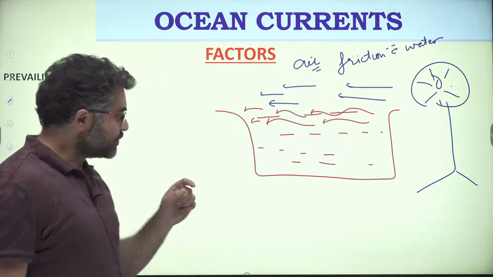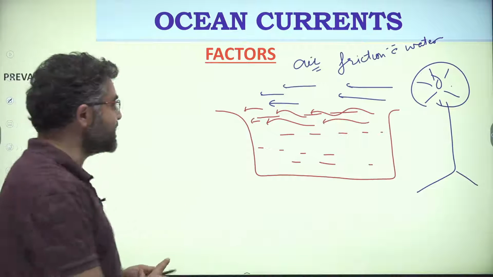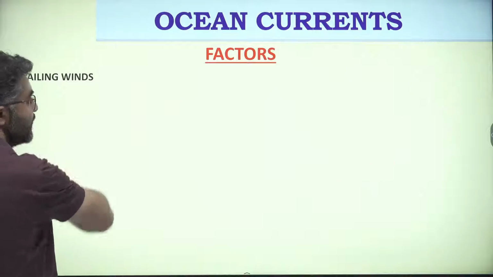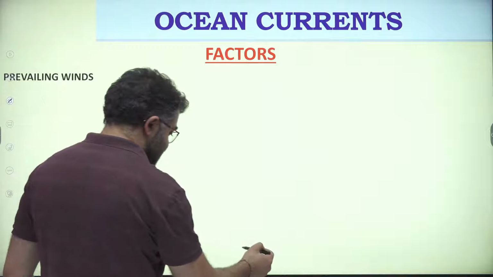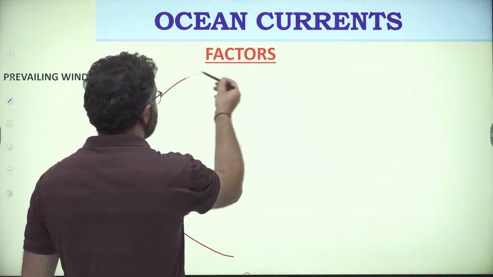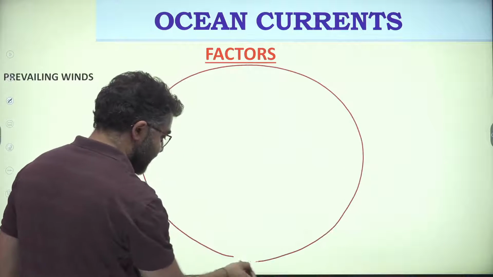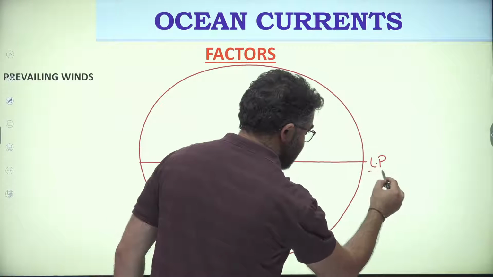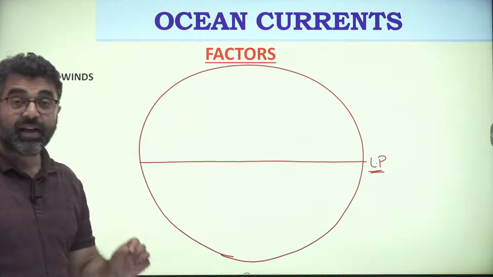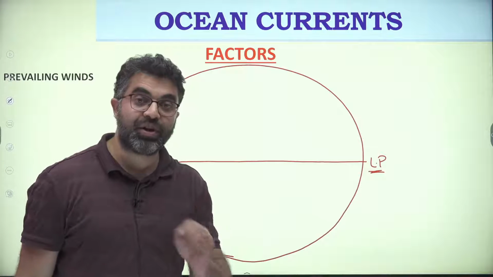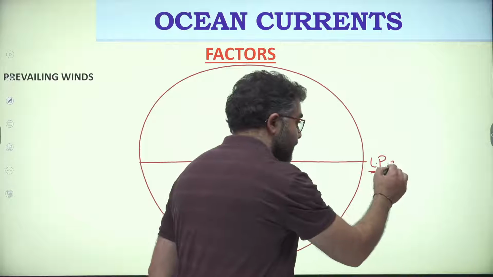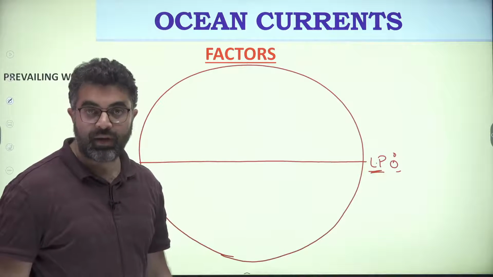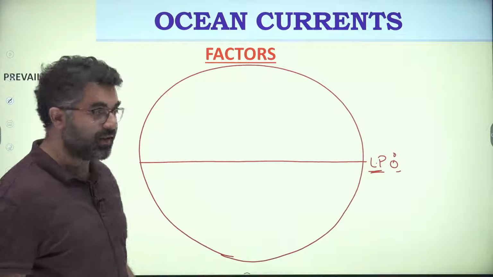So let's see, how does it influence ocean currents? Suppose we have studied winds, we have discussed winds. So this is the low pressure, which is called equatorial low pressure, formed at 0 degree latitude.